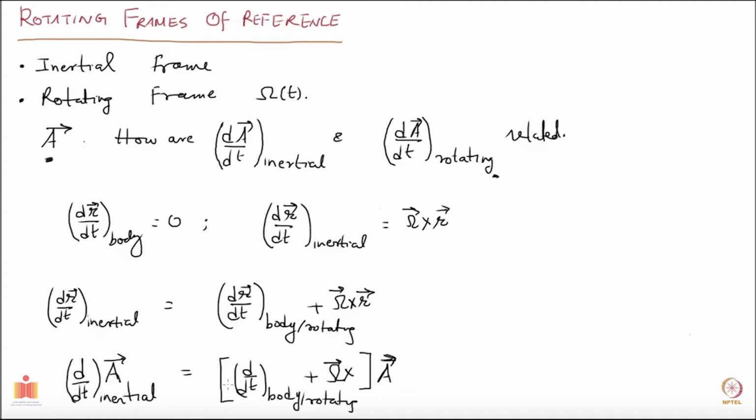Okay, so up to you whether you want to decompose vector a in the body coordinates or the inertial coordinates or the fixed coordinates. That is a separate issue, and what this relation is saying is about the time derivative, how they are related. Okay, that's fairly simple.